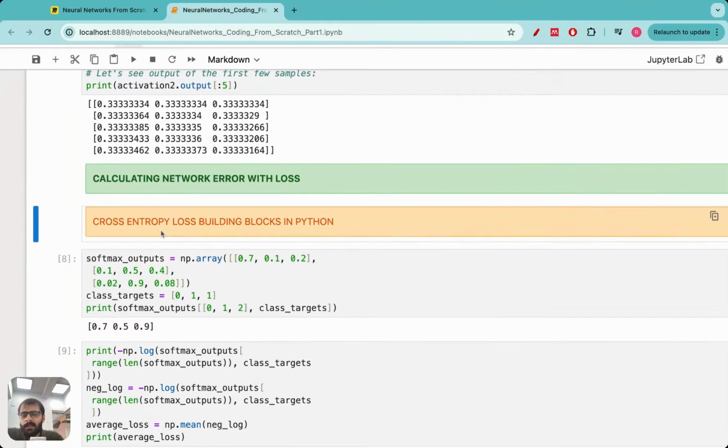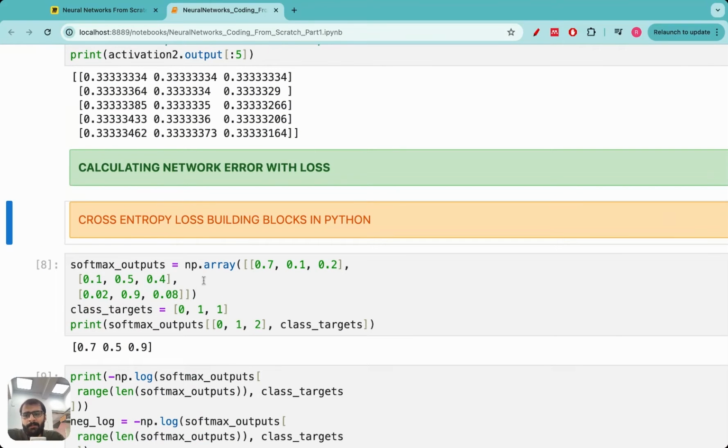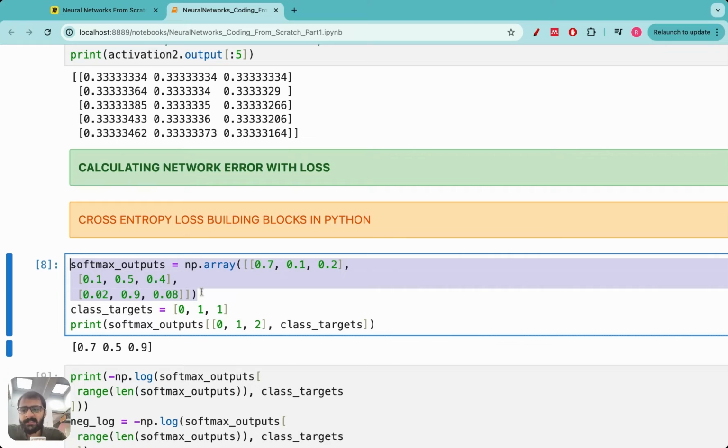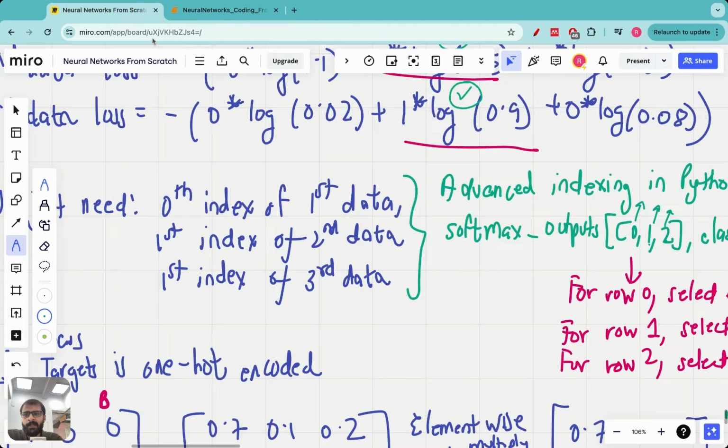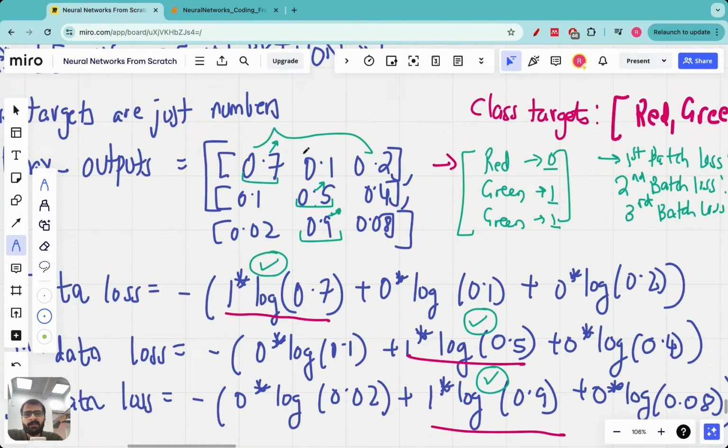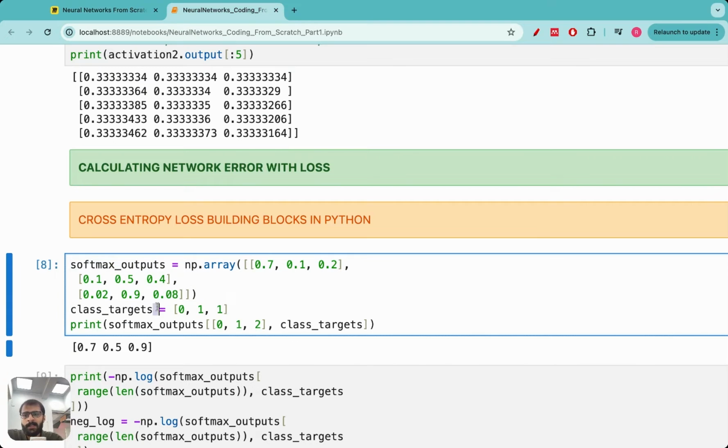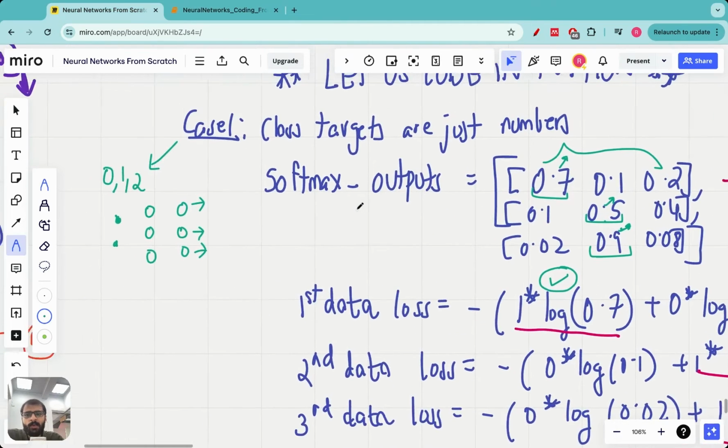We are at the cross entropy loss building blocks in Python. So let's say these are the softmax outputs array, which we have seen over here. This is the softmax output array. This is the class targets, red, green and green, 0, 1, 1. Now the first thing I want to show you is this command: softmax outputs and then 0, 1, 2 and class targets.